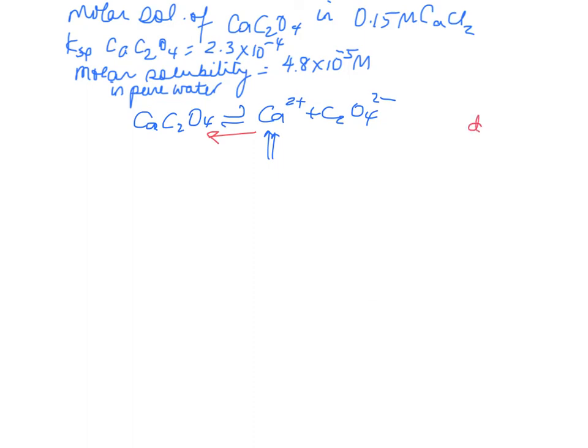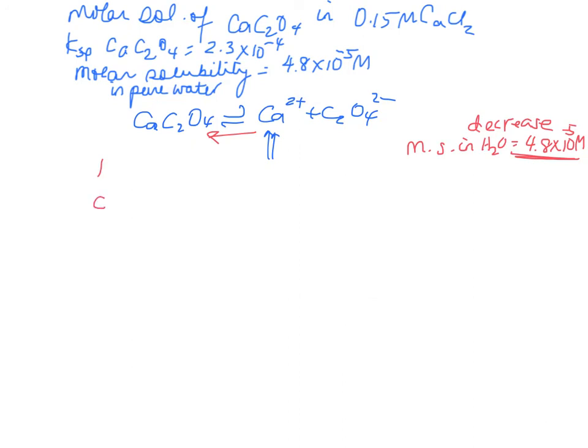So qualitatively, it should decrease. I have been given the molar solubility in water, which is 4.8 times 10 to the negative fifth molar. So I'm expecting that now my value should come out to be lesser than what I have.